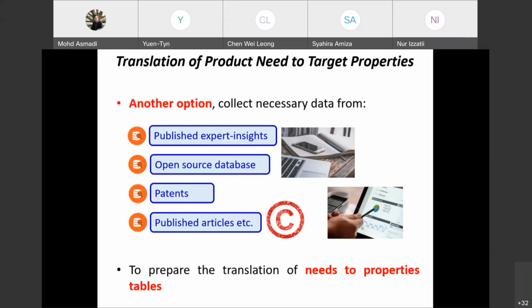Of course it's important that we translate to the target properties. If not, we cannot quantify and we cannot solve by using software or CMD. Only by using software, like a boiling point, right? That one you can measure.